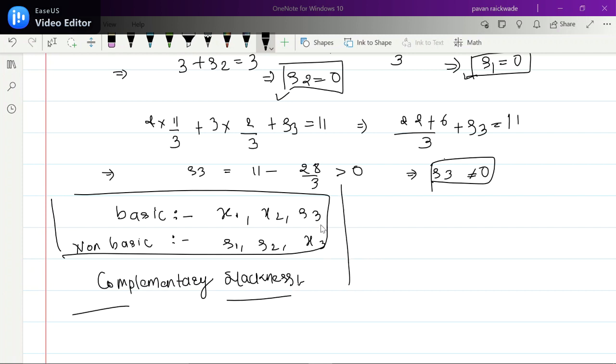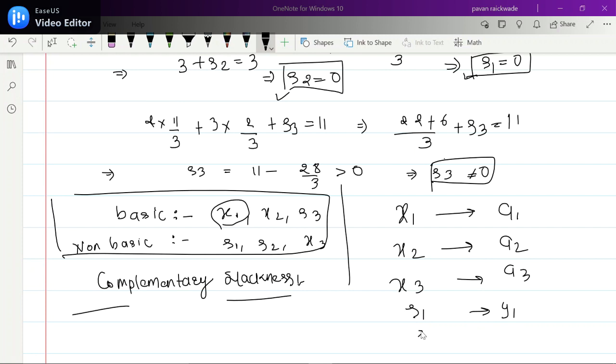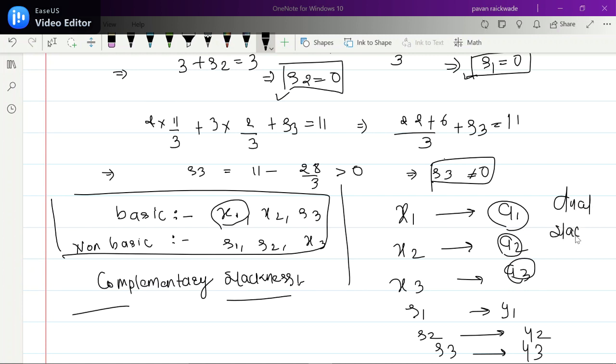There is a relation between x1 with respect to A1, x2 with A2, x3 with A3, s1 with y1, s2 with y2 and s3 with y3. What are these? Okay, A1, A2, A3 are dual slack variables, right? And y1, y2, y3 are the decision variables of the dual.